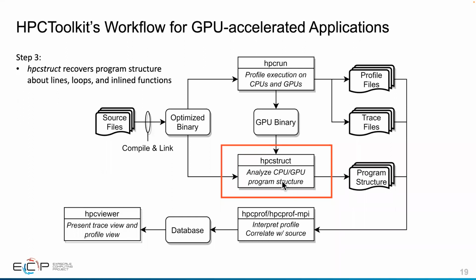HPCStruct then analyzes the program structure information and records it in some files. This program structure information is basically a mapping from machine code addresses back to source code locations, procedures, source lines, loops and whatnot, and we use it to interpret the profile files and the trace files.